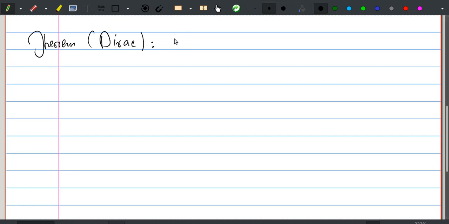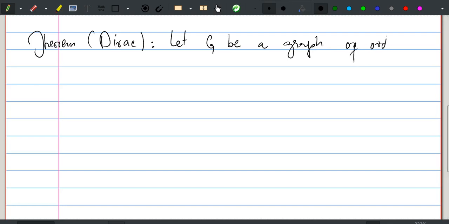Now we are going to prove this theorem by Dirac, and it states that: let G be a graph of order n, where n is bigger or equal to 3.